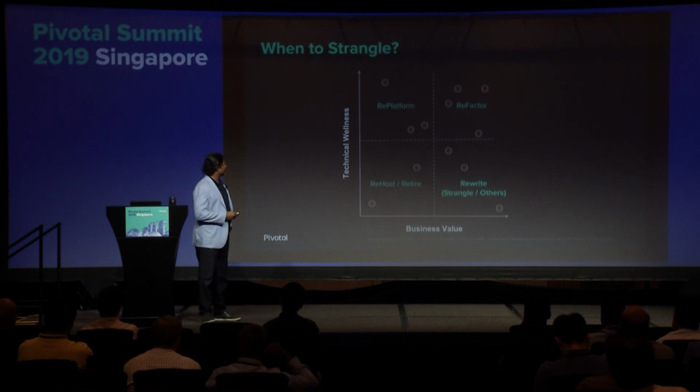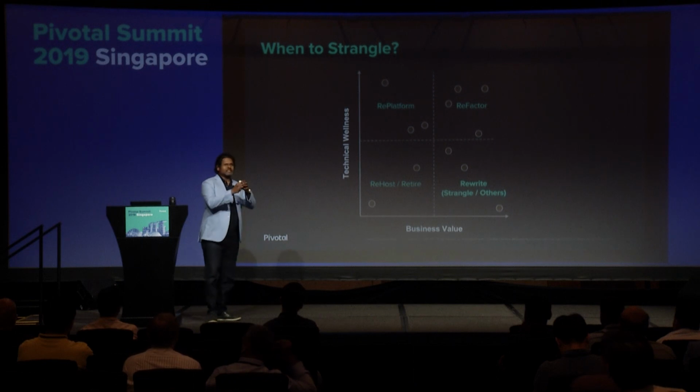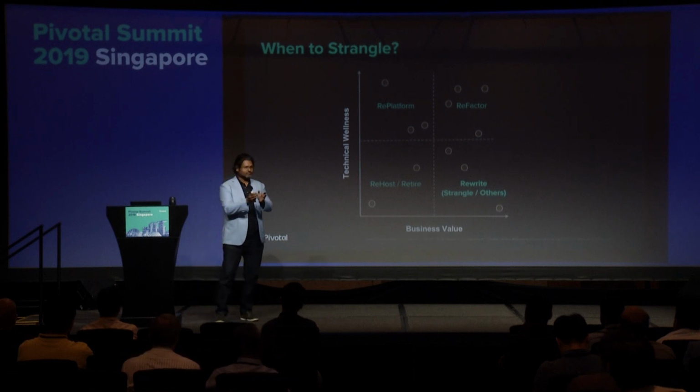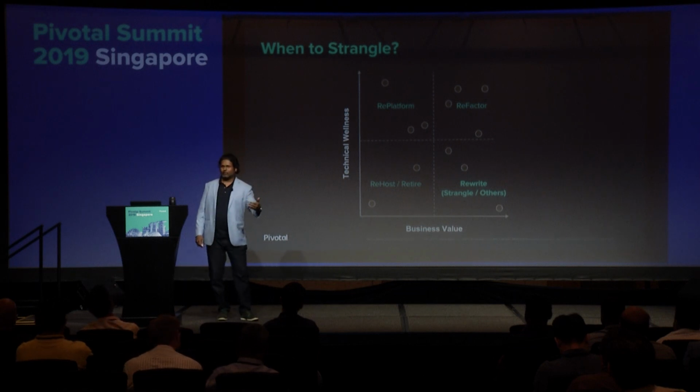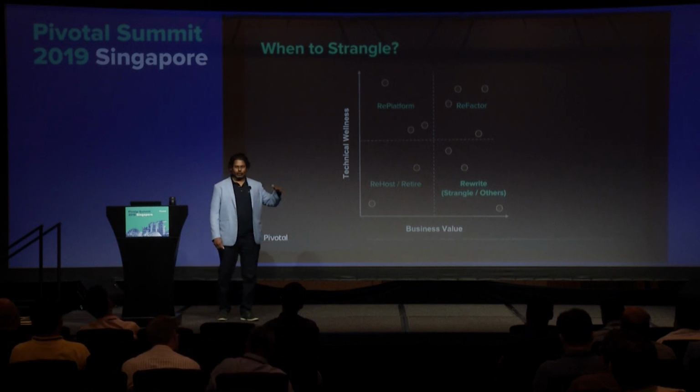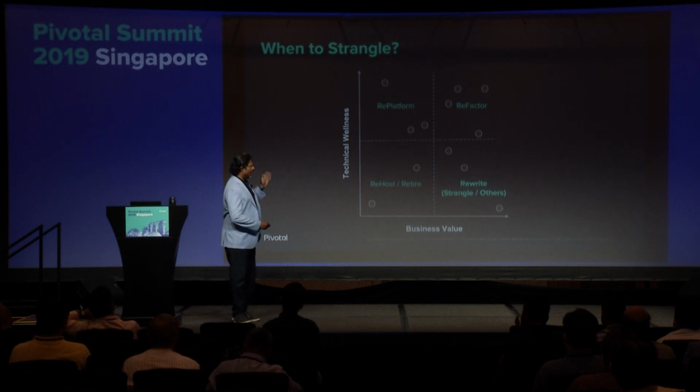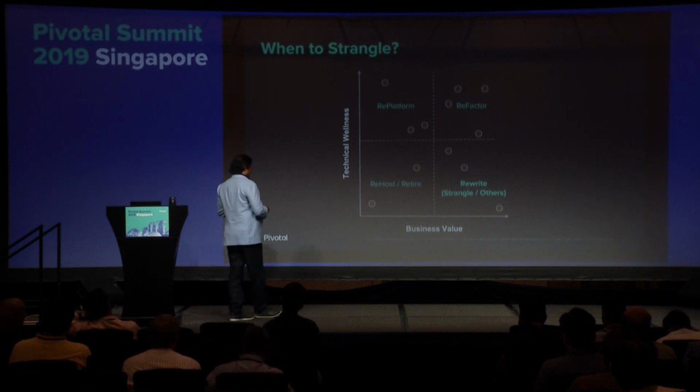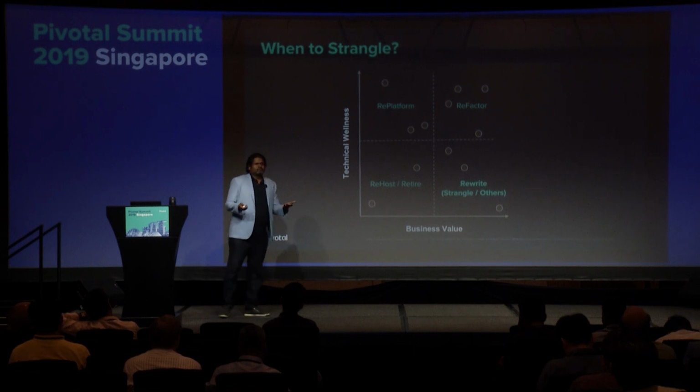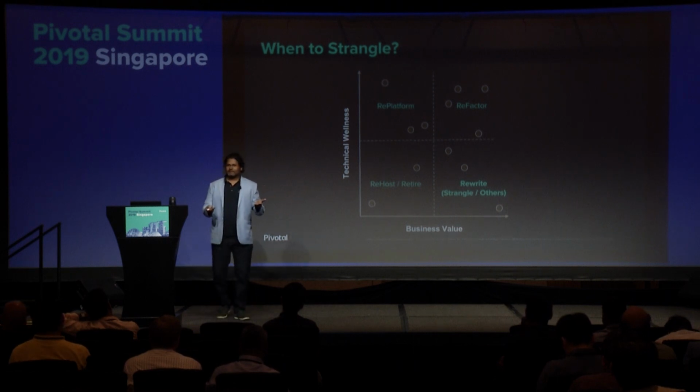In case an application is relatively contained, size-wise, there is an overhead when you strangle. And we'll come to that in a bit as we talk through how to strangle really. Is it worth taking that overhead? This is a simple cost-benefit analysis, right?